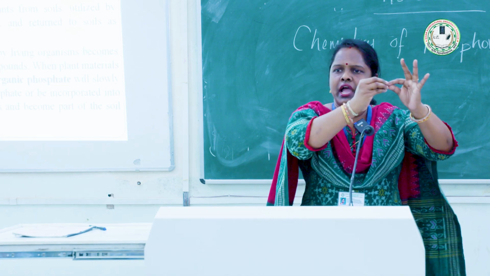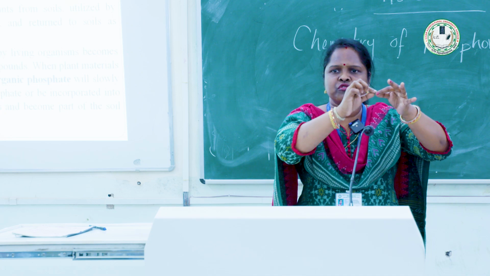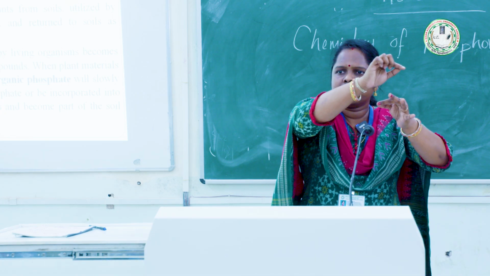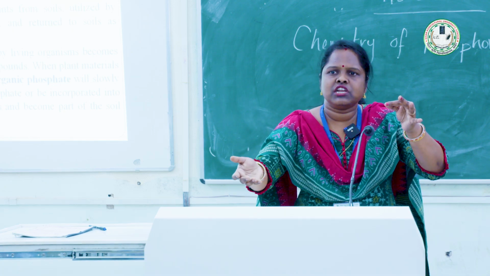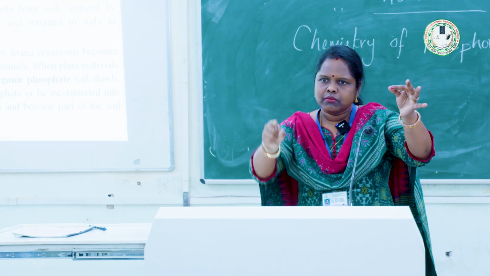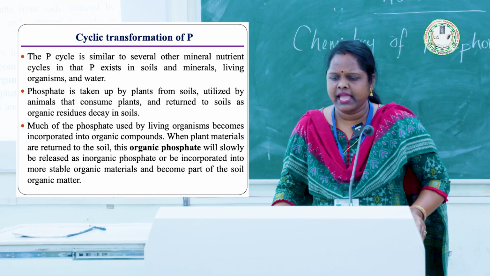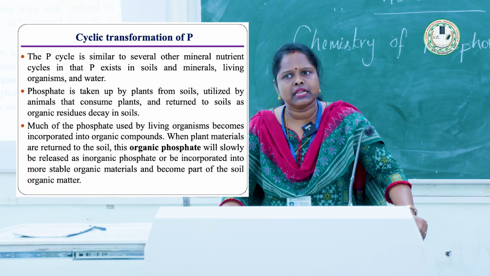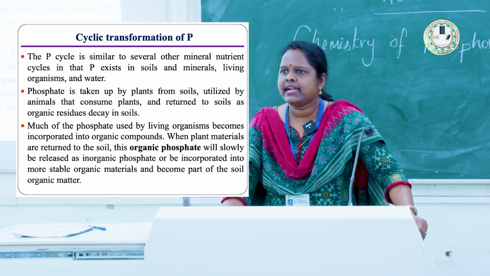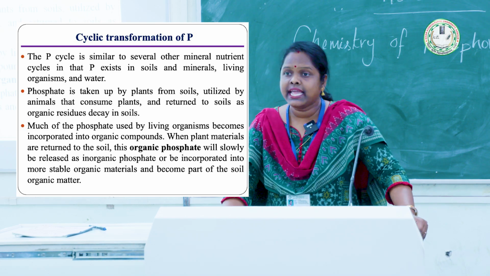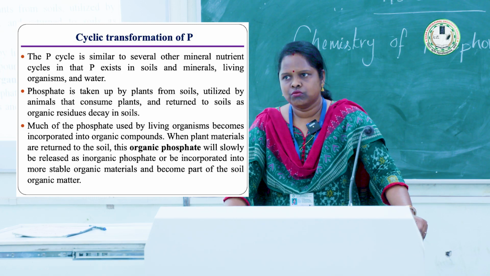If we consider the soil as a central point, then from soil it goes to the animals and other organisms, then the decomposition of animals, plants or other organisms happens, then it goes back to the soil system. The phosphorus cycle is similar to all other elemental or nutrient cycles in the ecosystem, like nitrogen, sulfur, carbon, and water.